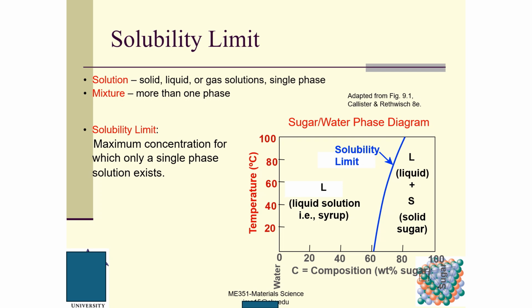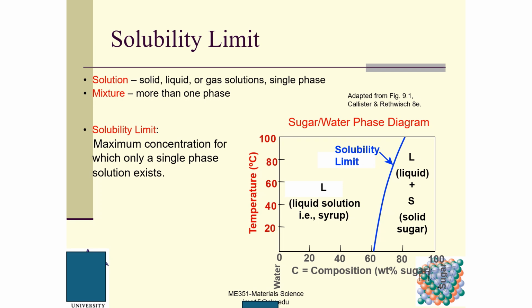Solubility limit. Here we still use the example of sugar and water, the phase diagram. So here is the water, and water is 0. C here is the composition of sugar. At the very beginning, 100% of this material is water. And we can add sugar to the water and get sugar water.